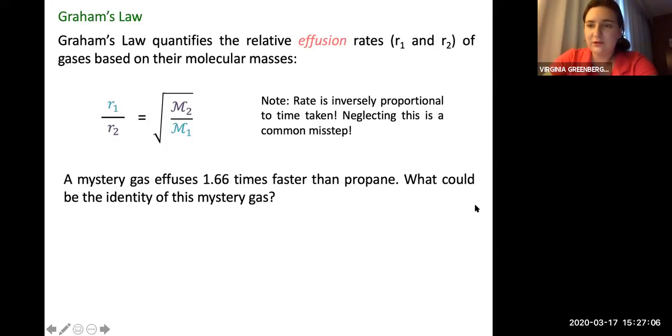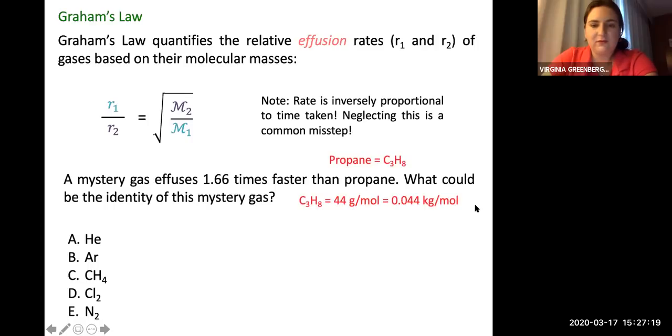Okay, but we can use Graham's law to actually identify the gas by determining its molecular weight. So here we have some options for what the gases could be. So we can start by getting our molecular weight of propane and converting that to kilograms per mole, since that's the unit that we use for RMS speed. We can start with our Graham's law. And since propane is heavier, I like to make it R2.